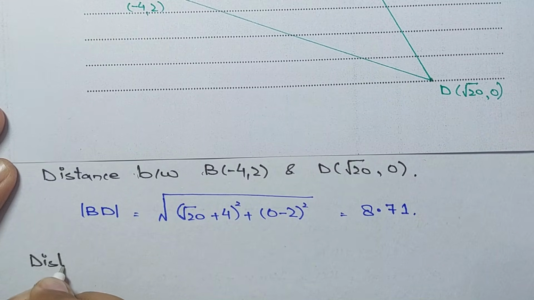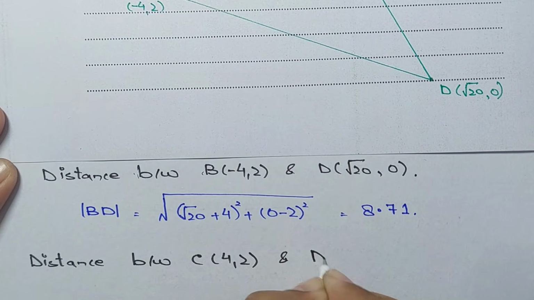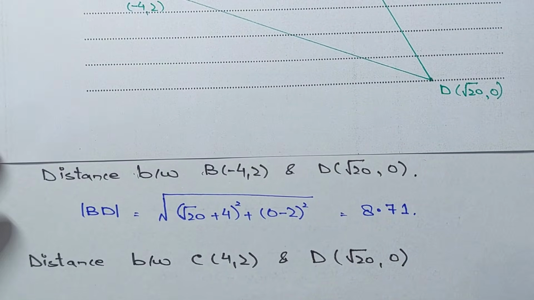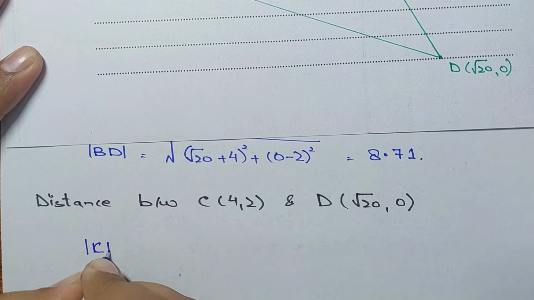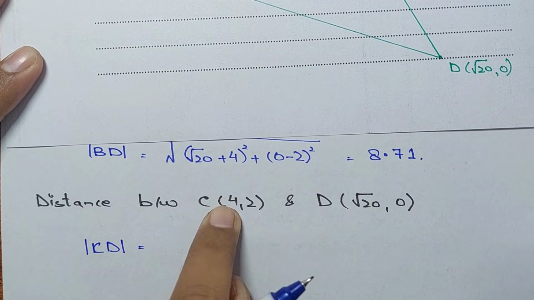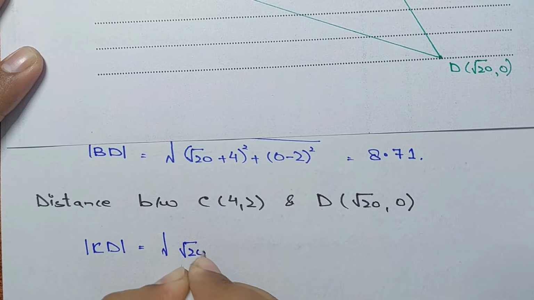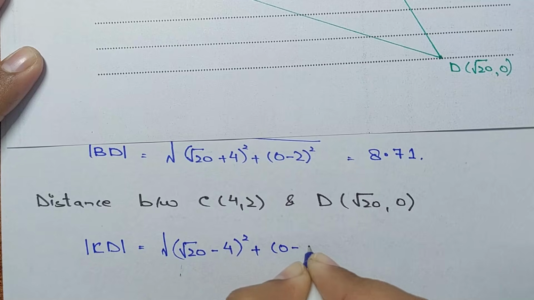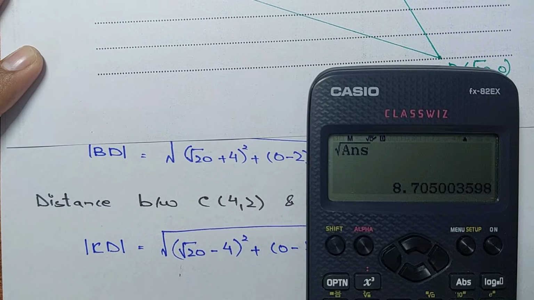Okay, now the distance from C to D. Distance between C, which is (4, 2), and D, which is (root 20, 0). Okay, use the same distance formula. CD: square root of (x2 minus x1) whole square, (root 20 minus 4) take it square, plus (y2 minus y1) whole square. Simplify.